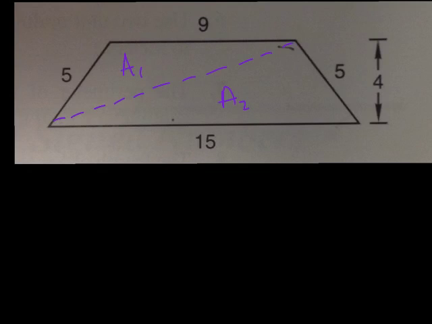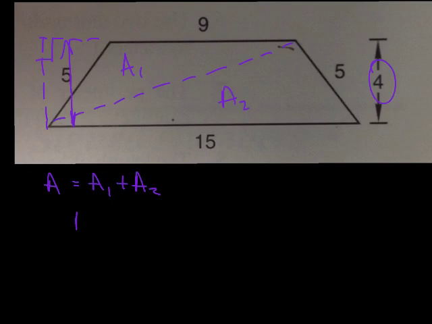All right, so let's look at what we've got. The area of the entire trapezoid is going to be the area of the one part plus the area of the second part. Well, let's look at the first part here. How high is it? Well, if we extend this and make a 90-degree angle, it will be this distance from here to here, which we find over here is 4.